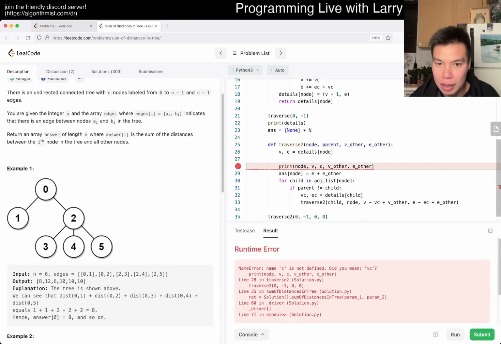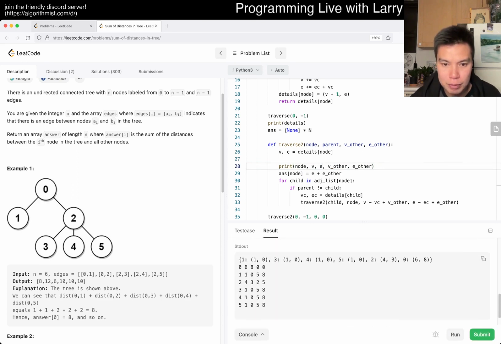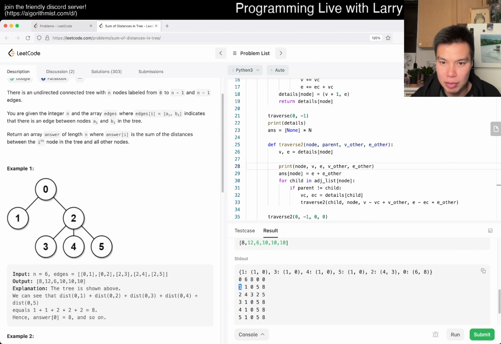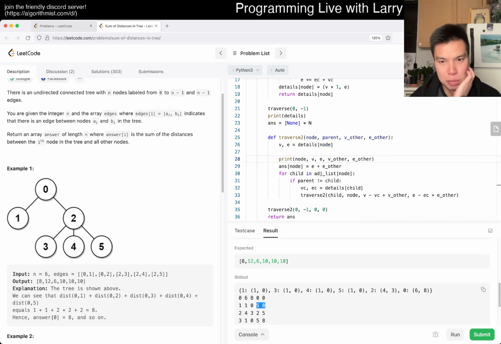Okay, so 0 has 6 and 8, 1 is 1 0. Okay, and other is 5 and 8. What does that mean? That means that up at the top, that's 5 and an 8.